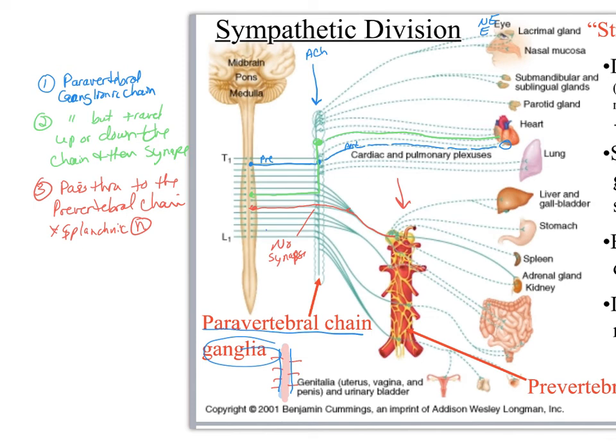This yellow is representing the prevertebral ganglionic chain, the splanchnic nerve system, okay? So it's going to come in here, and somewhere in here it's going to synapse, and then it's going to go to its target organ. So those are the three major pathways that you're using for this synaptic system, okay?